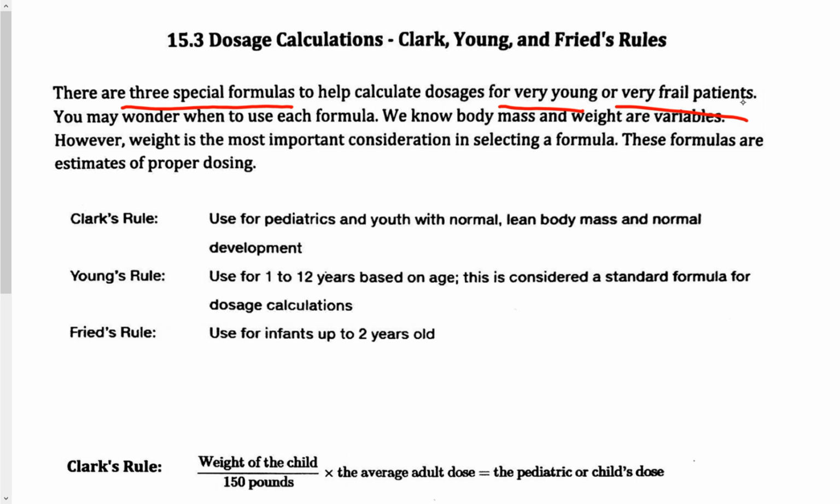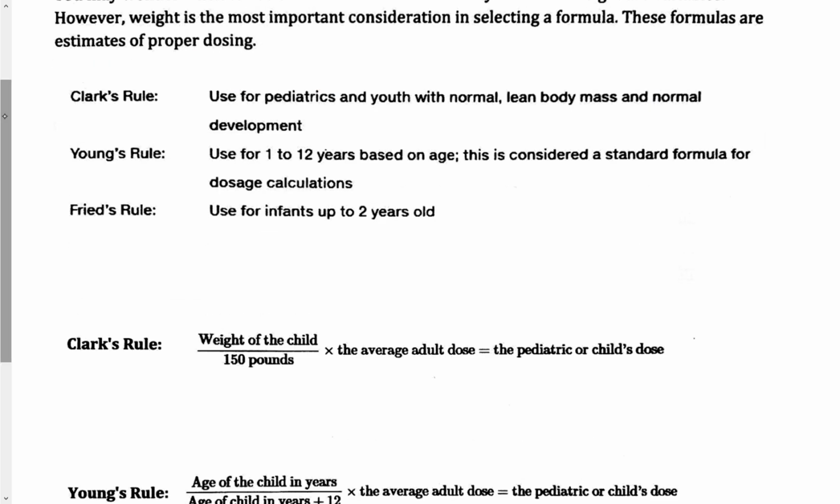You may wonder when to use each formula. We know body mass and weight are variables. However, weight is the most important consideration in selecting a formula. So these formulas are estimates of proper dosing. So the first one that we have is Clark's rule. Clark's rule is used for pediatrics and youth with normal lean body mass and normal development.